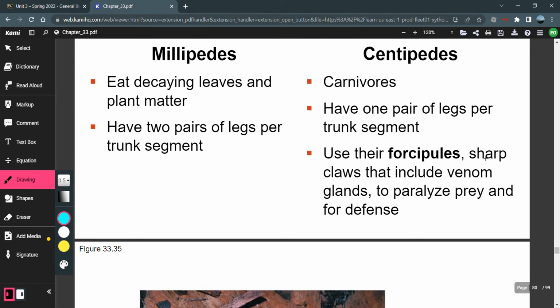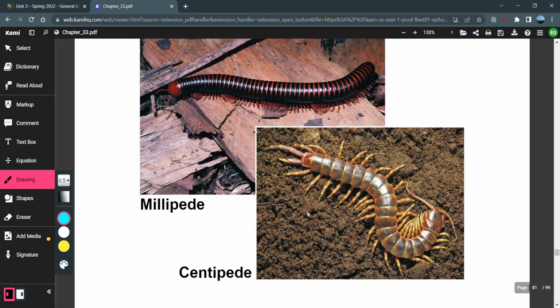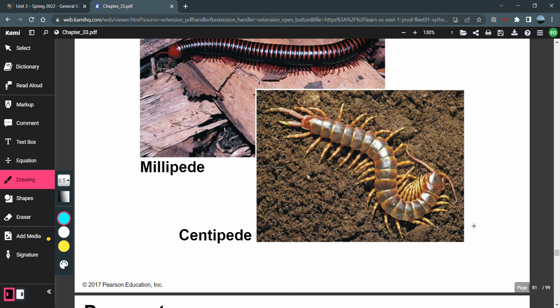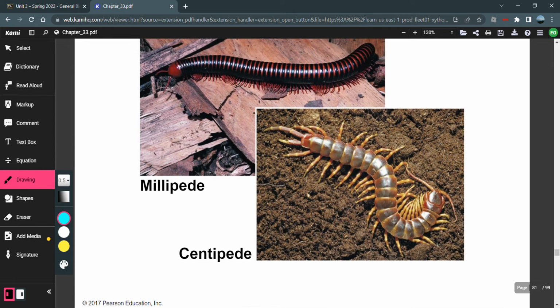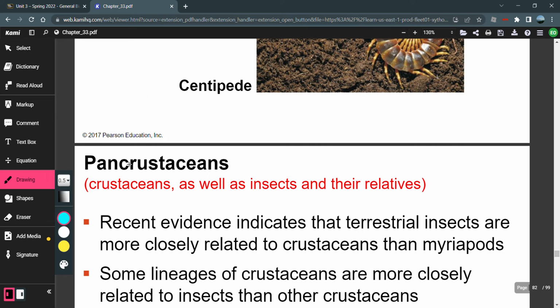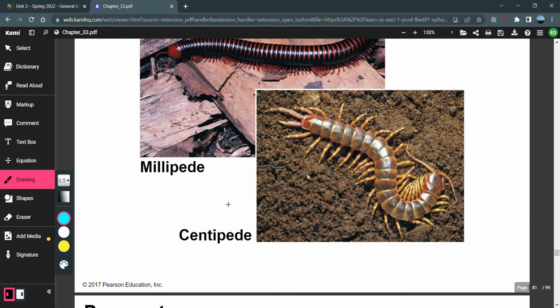They have forcipules, the sharp claws that include venom glands and paralyze prey for defense. So these guys are relatively harmless, while these guys are the ones you should look out for. Millipedes are kind of cool, centipedes are kind of evil, and they are not insects. Remember, these guys are not insects.